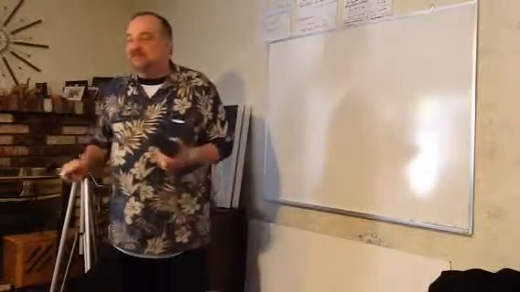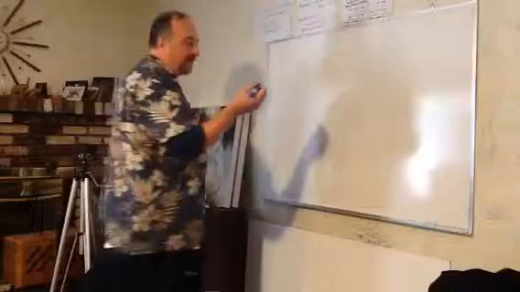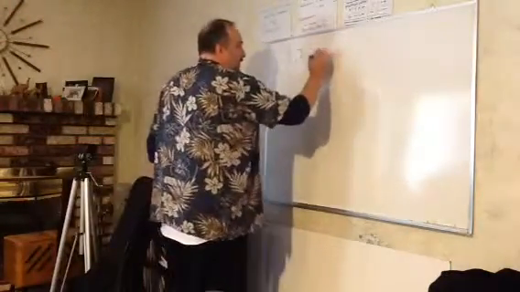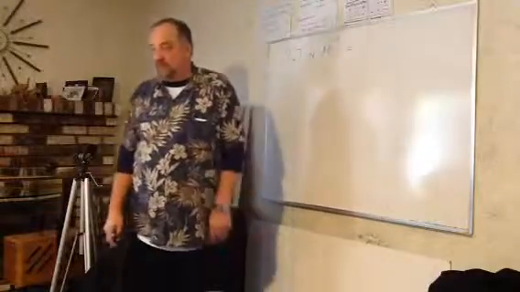Let's look at the second side of the chart. On the second side of the chart, what we have is negative exponents. 8.7 times 10 to the 1, but now we're going to make that 10 to the negative 1.